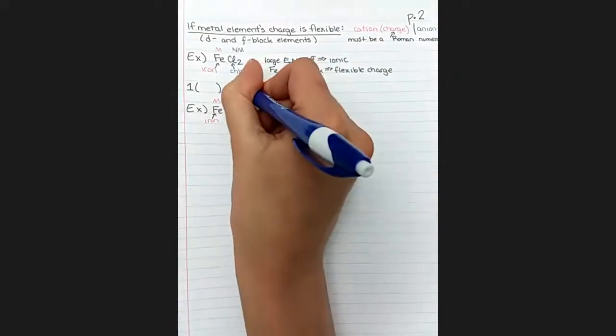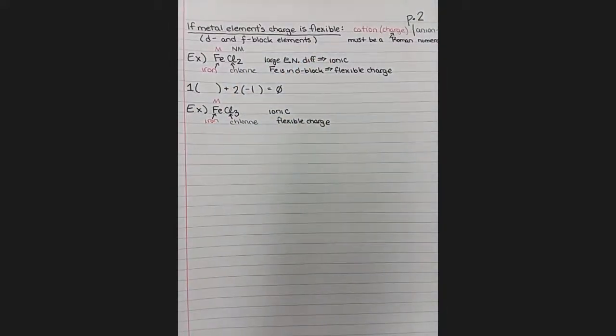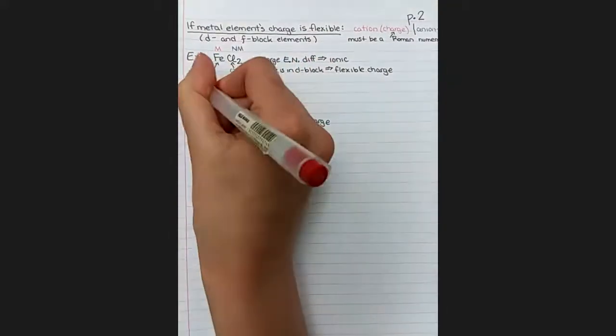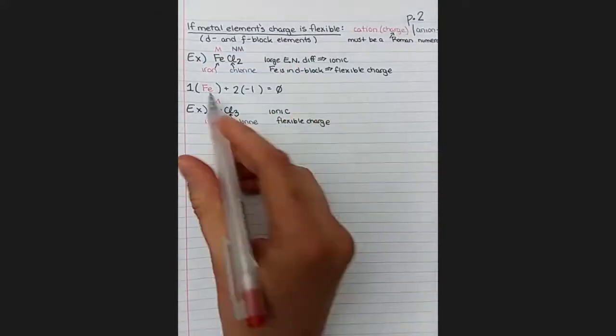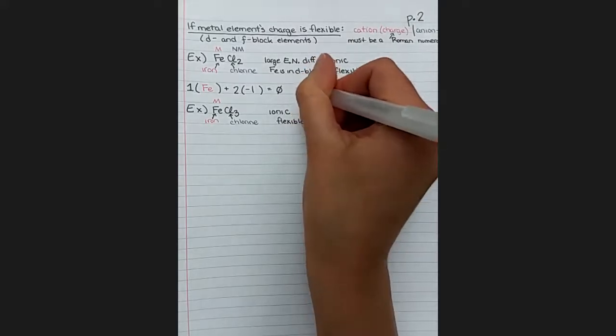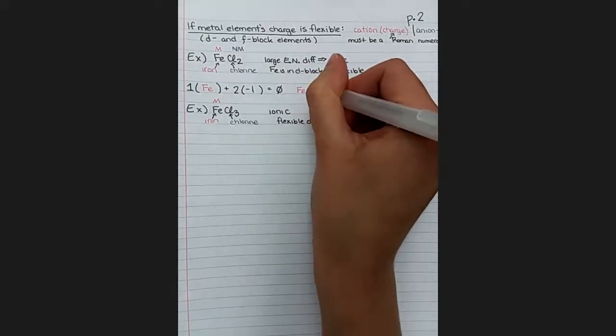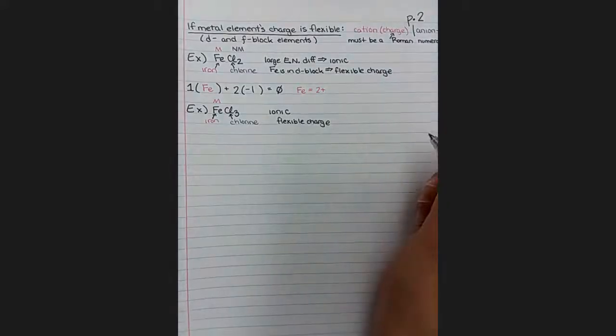We know the charge of chlorine is -1 because it lives in group 17, and that charge is usually the same, but we don't know the charge of iron. That charge is flexible. So we can solve this math equation, and we find that the iron charge is going to be 2+.